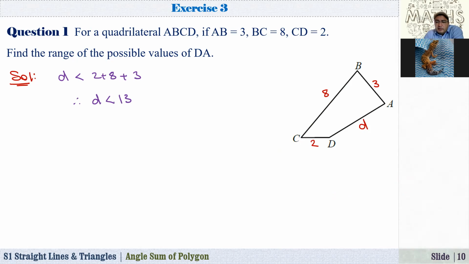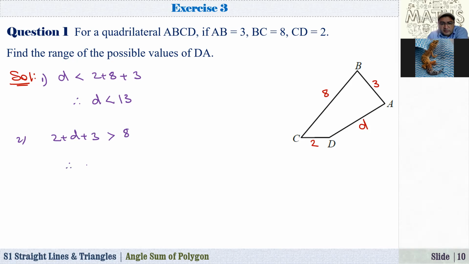Now the second part. How about if I pick other three sides, for example 2 plus D plus 3, and this must be greater than the last side, that is 8.